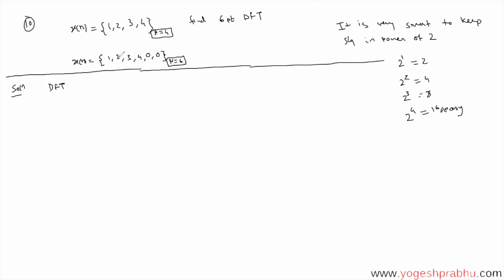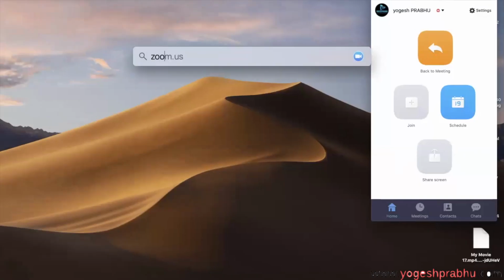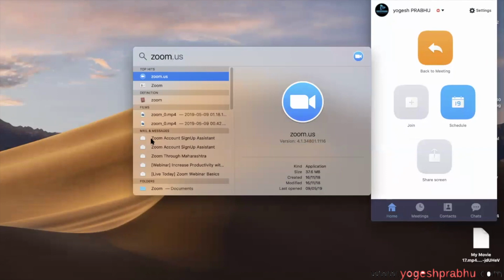So if we did n equals 8, we would have to pad up to 8 with zeros. In that case, the process would be the same as what we did previously for the 4-point problem. Do you remember this one? You see my screen, right?